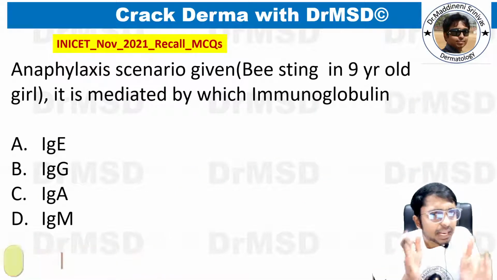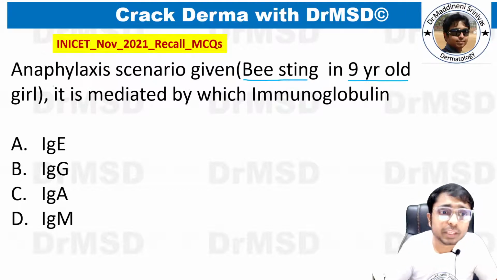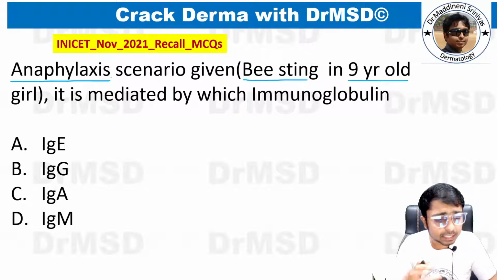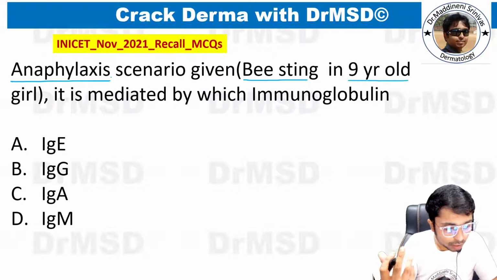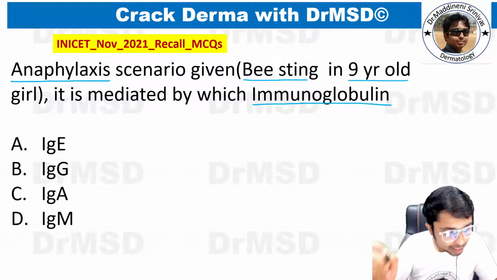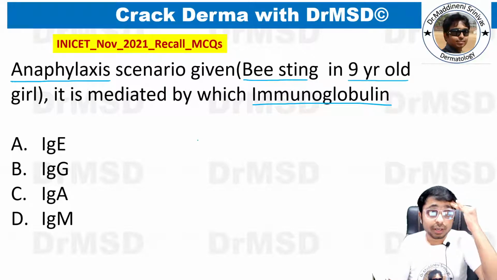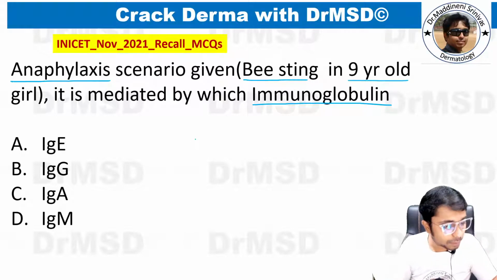And finally, an anaphylaxis scenario is given. So students told me that a bee sting happened in a 9-year-old girl, after which the child developed anaphylaxis-like features. So what is the immunoglobulin which is mediated? AIIMS is hi-fi, so you should think about electron microscopy only maybe.